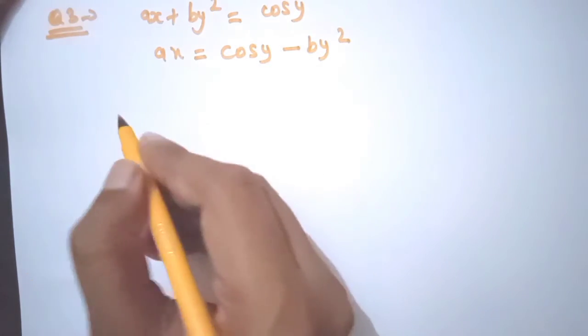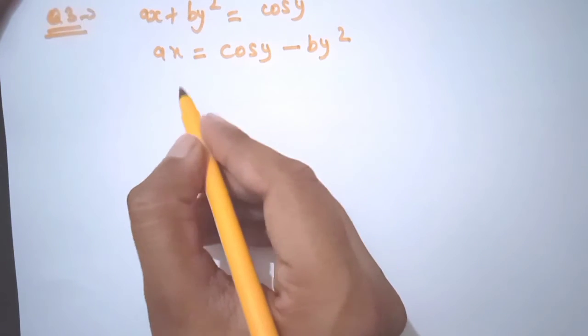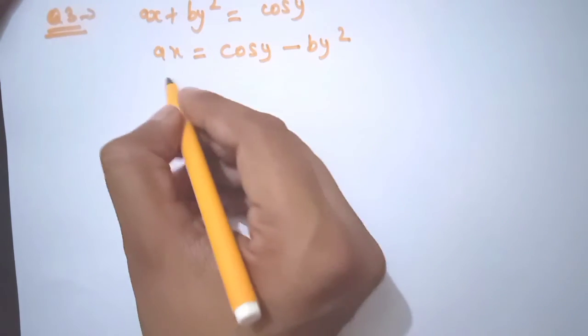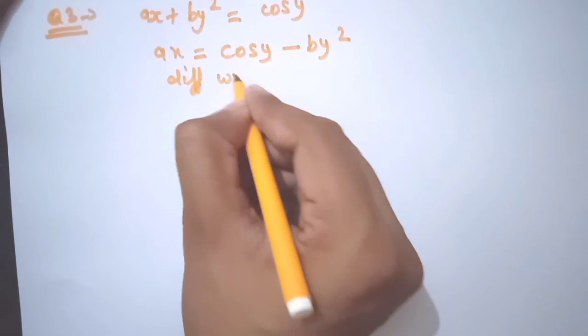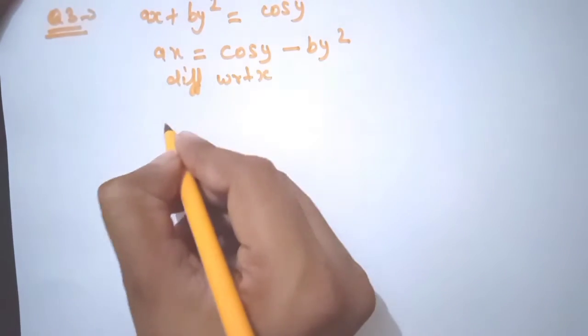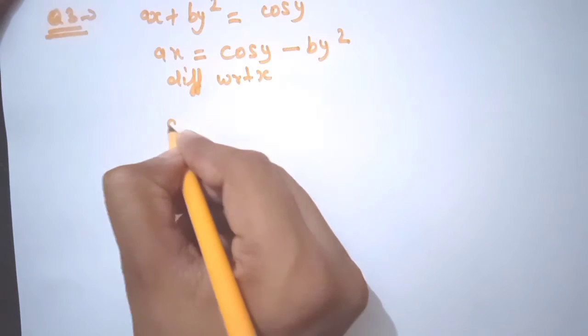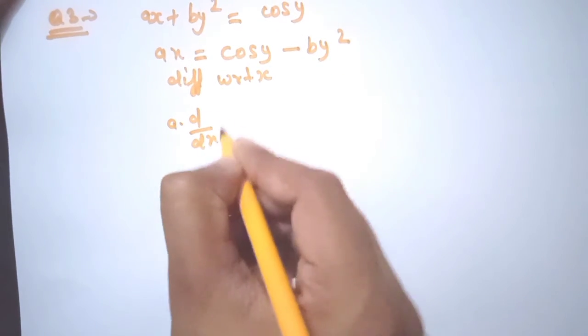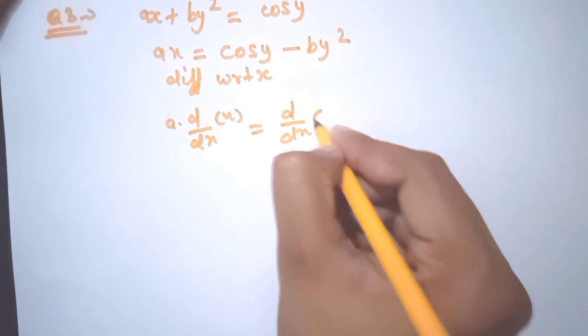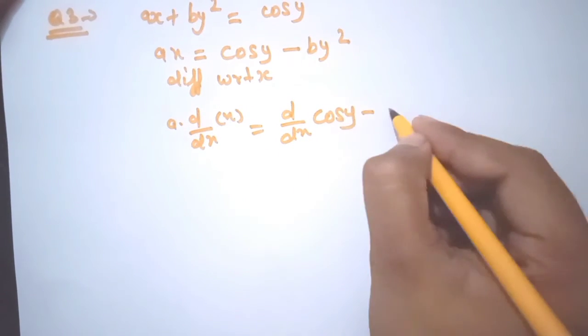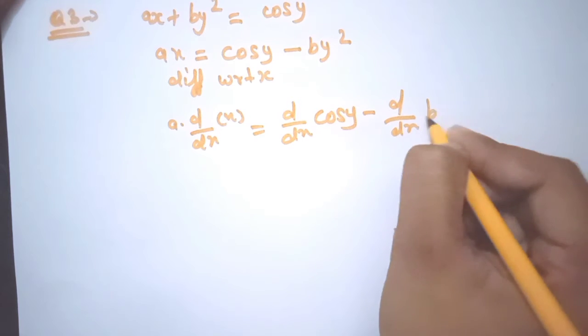See, try to understand the process by which I am expressing it. Now we will differentiate it with respect to x, then we will note down d by dx of x is equal to d by dx of cos y minus d by dx of by square.